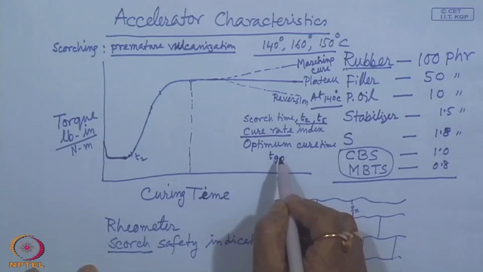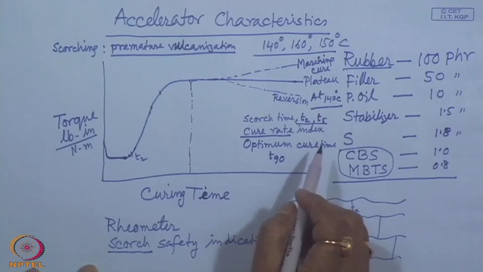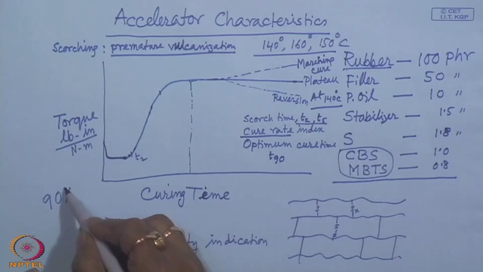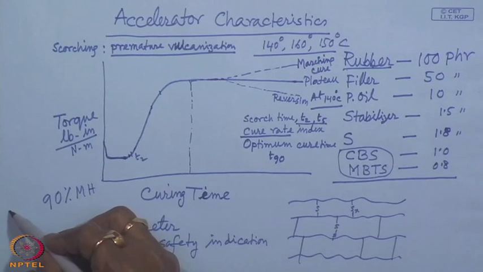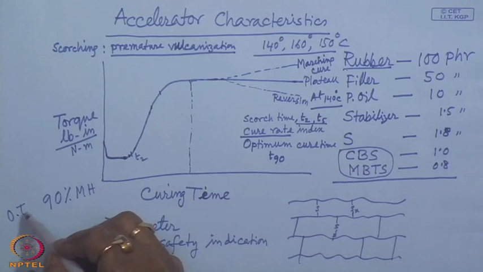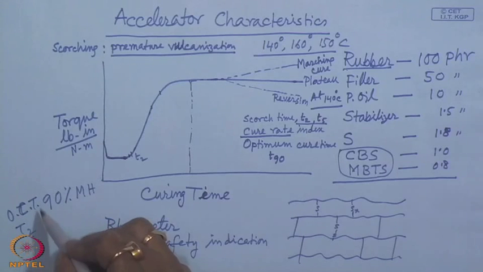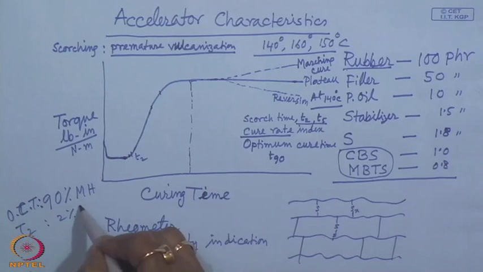That means the time required to achieve 90% of maximum torque, say mH. This is the optimum cure time OCT, and scorch time T2. So, this is 90% of maximum torque, this is 2% of maximum torque mH.